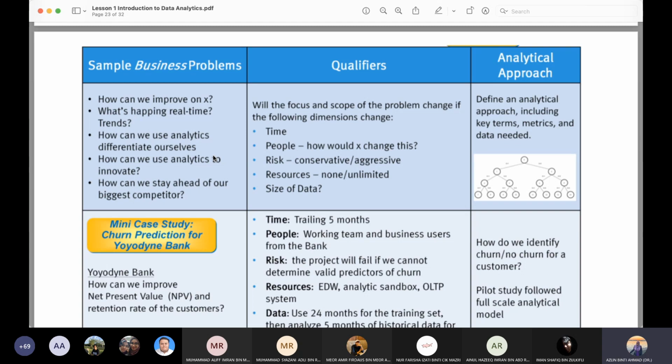Okay, and then you need to identify what kind of analytical approach, what kind of techniques, and this is including key terms, metrics, the data, from what time to the duration of the data, how big your data is, and then the variables of the data. So bila saya cakap variables tu, hopefully you can imagine the columns of the data tu kan.